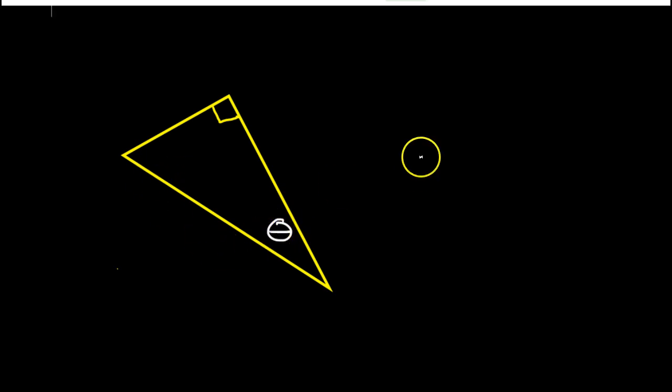So first of all, we have to decide which of these sides of the triangle is opposite, which is adjacent to angle theta, and which one is the hypotenuse. Of course the hypotenuse is the hypotenuse regardless of what angle you're talking about. So this is the hypotenuse, which is always across from the 90-degree angle.